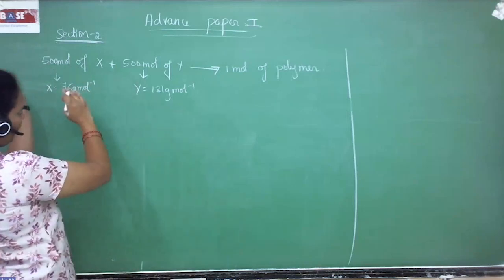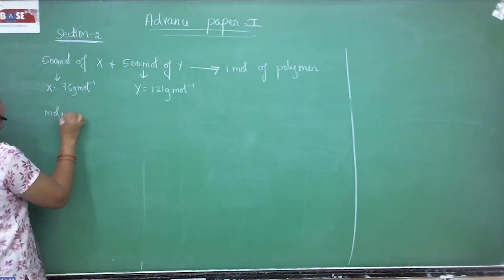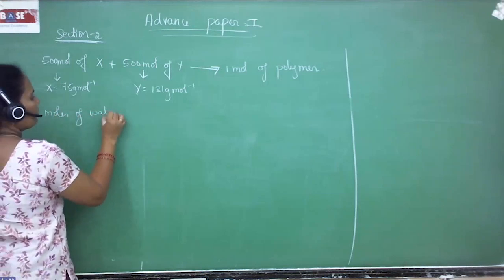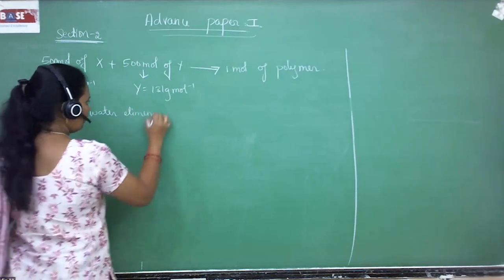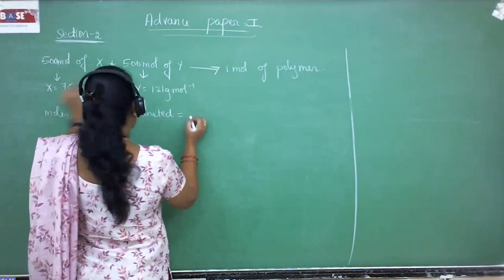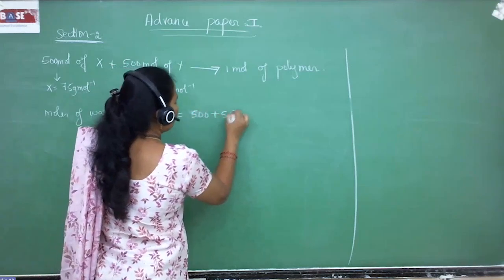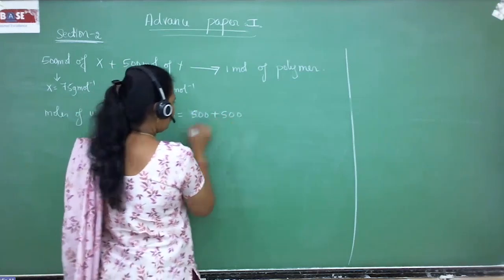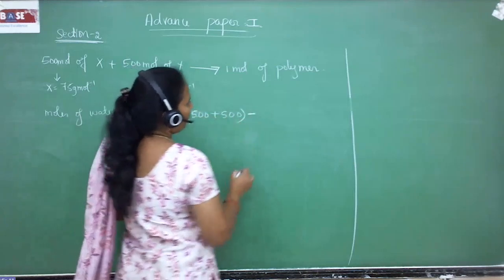We shall find out how many moles of water are eliminated. Moles of water eliminated is equal to how many moles? Total monomer will be 500 plus 500, that's equal to 1000, minus 1.